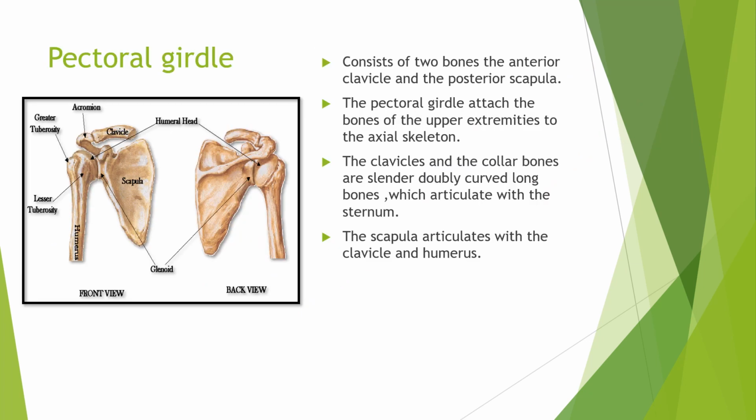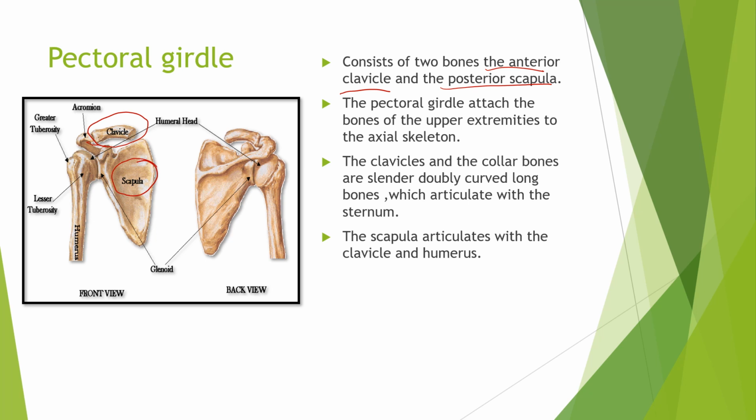Now here we are with the pectoral girdle. Please look at the diagram and follow it when I am teaching you. The pectoral girdle consists of 2 bones, mainly the anterior clavicle and the posterior scapula. This is the anterior clavicle and the posterior scapula.